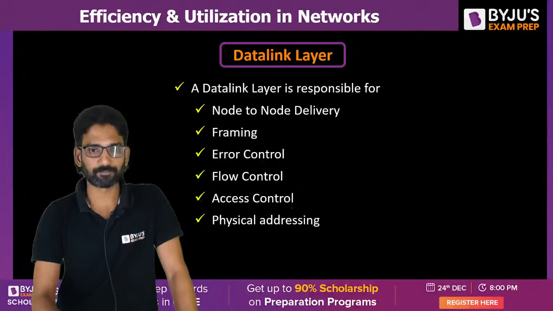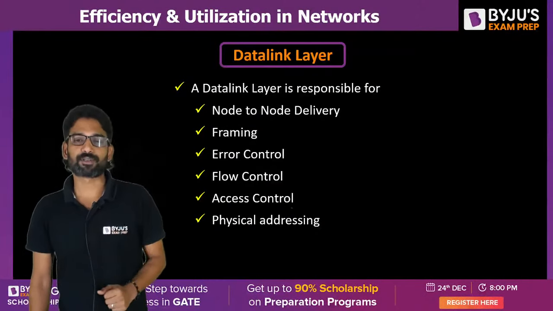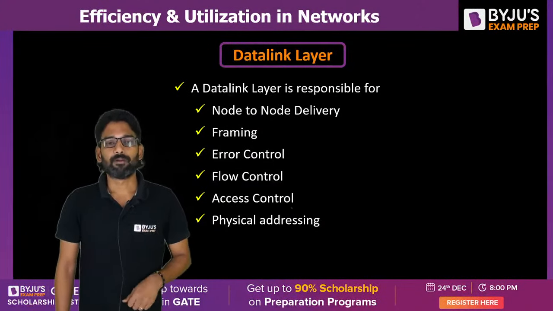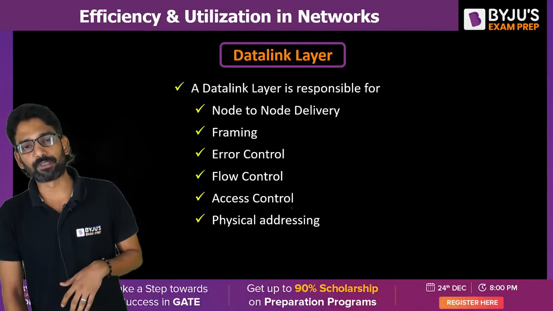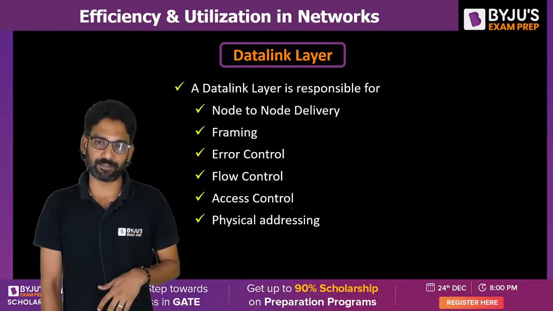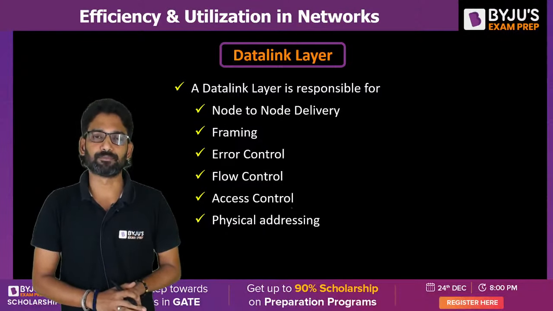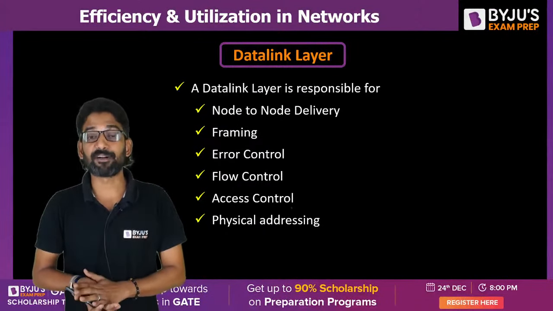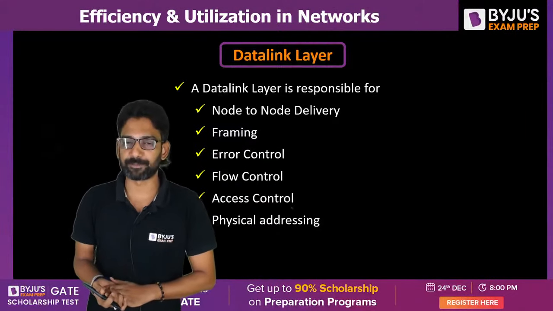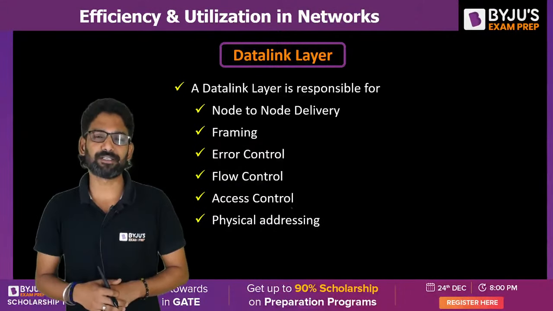Now to start with, when we need to talk about this efficiency and utilization, definitely we have to go through once the functionalities of the data link layer. What are the functionalities?